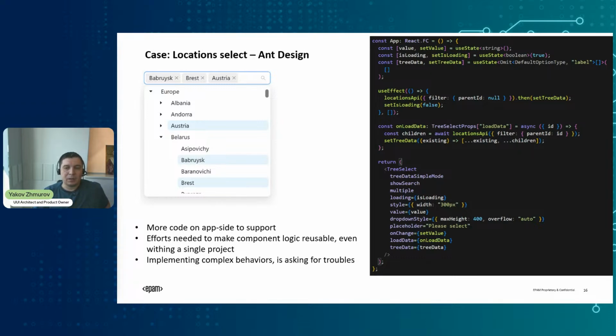Luckily, we picked Ant Design, and at least it has a tree select component. MUI doesn't even have it. You dive into the documentation and find out that lazy loading data is completely up to you. You store the currently loaded data in state. You handle the load data callback to adjust the state and include the new data.